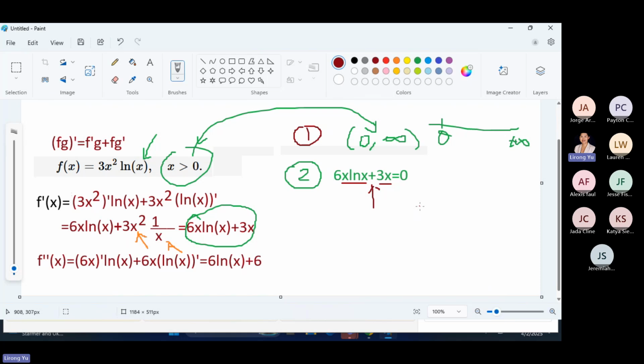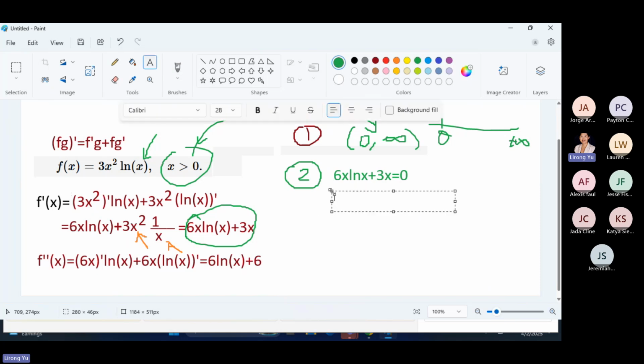Between those two terms, they have a common factor, which is 3x. Yes. So we're gonna pull the 3x outside. If you write 3x out, what do we have left? In the first term, take out 3x, we have 2 natural log of x.